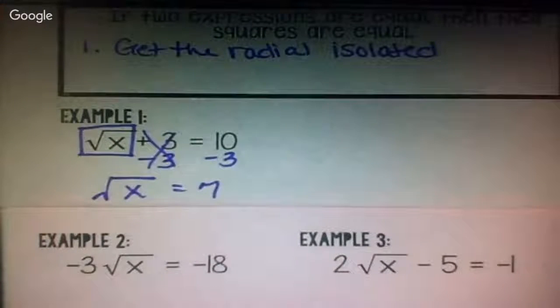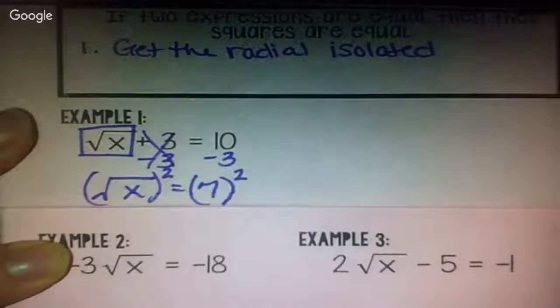Is my square root all by itself now? Yes. So now I actually need to solve for x. How do I undo a square root again? Square it. In order to undo this square root, I square this side, and then I've got to square this side.